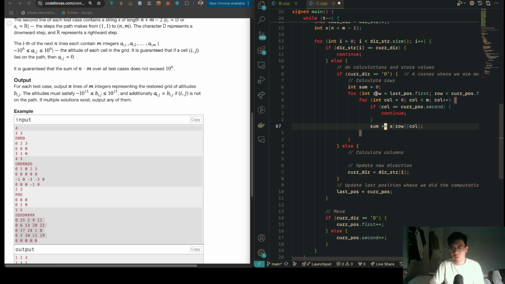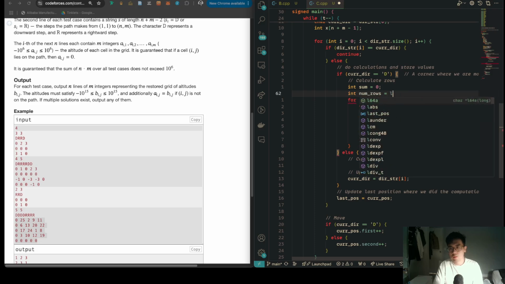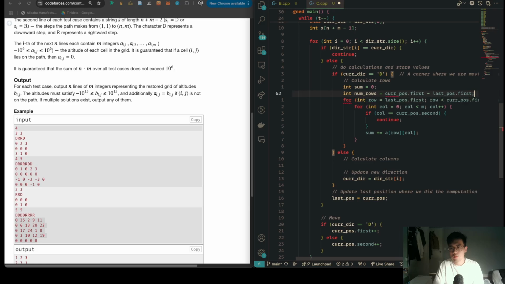Then num rows, the last curve pause, the first minus the last pause. So the current row minus whatever row.